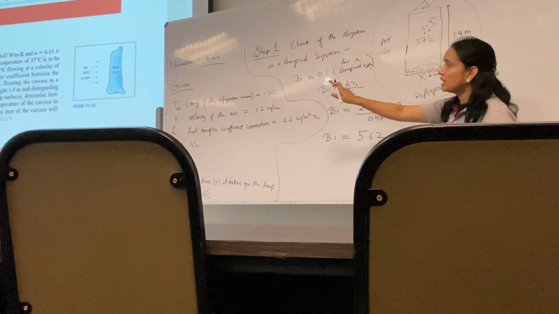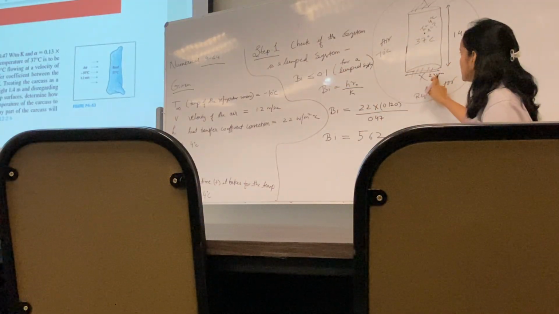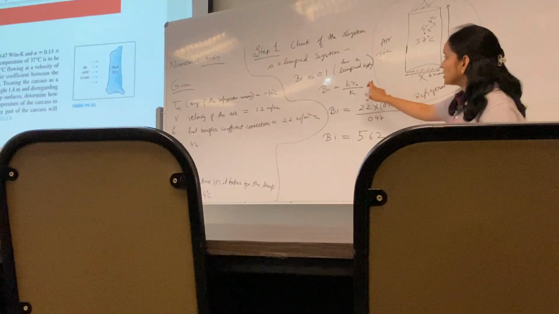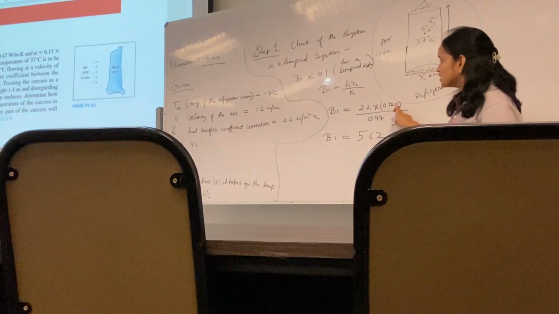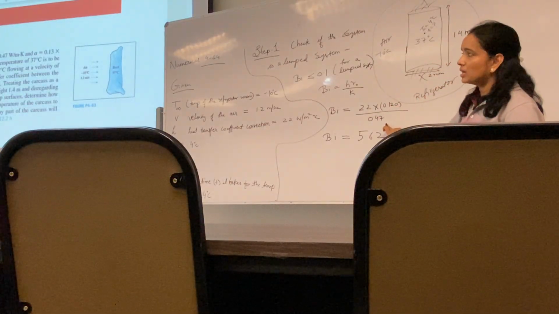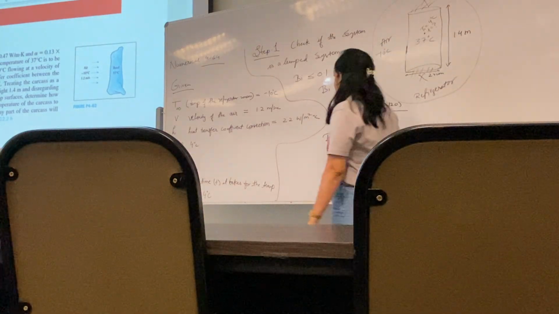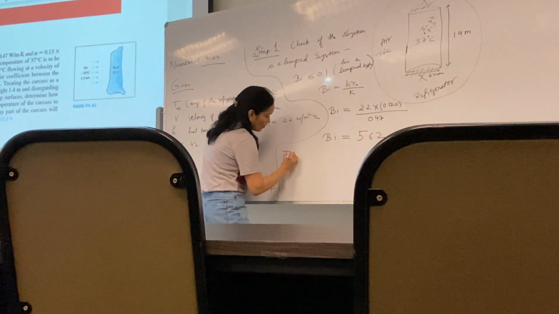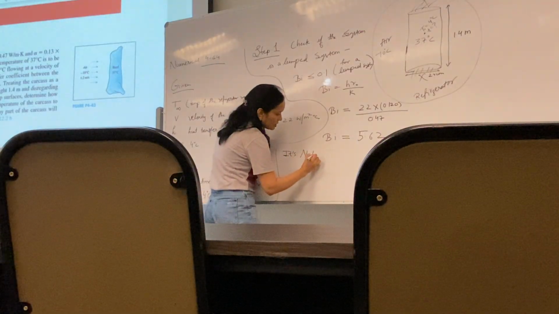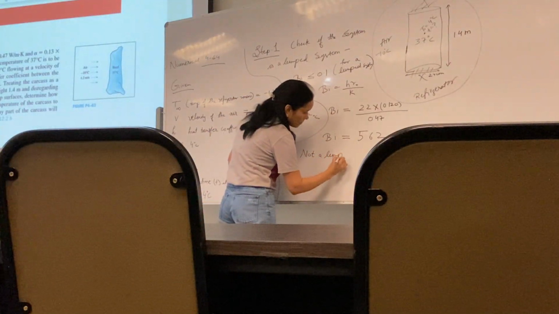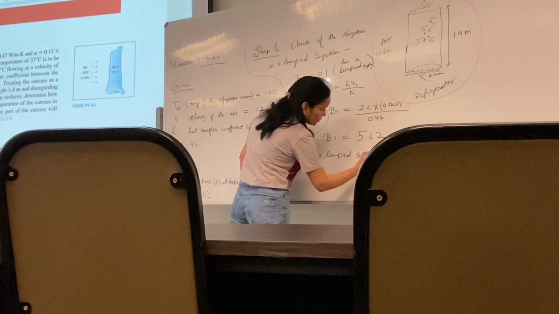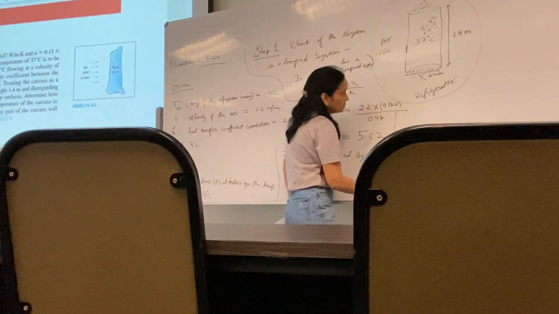For r naught, they have given us diameter 24 centimeters, so half is the radius, in meters 0.120, divided by the thermal conductivity, which is given. When you solve this, the Biot number is 5.62. So it's not a lumped system.